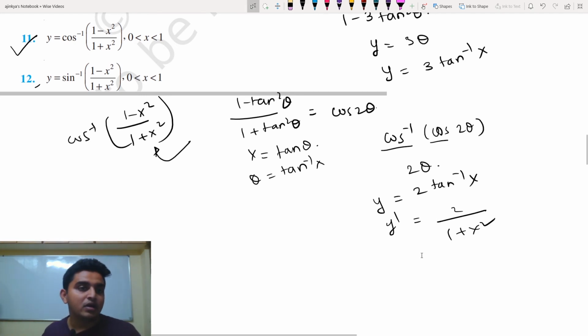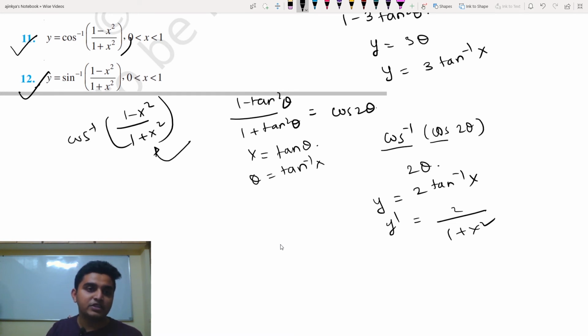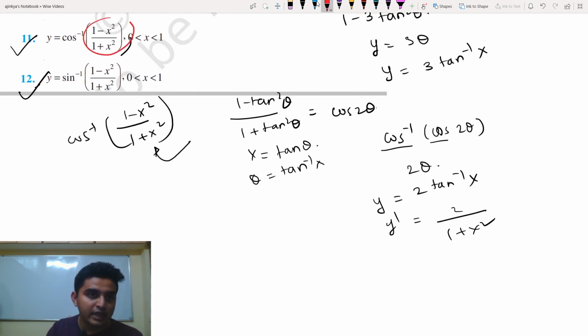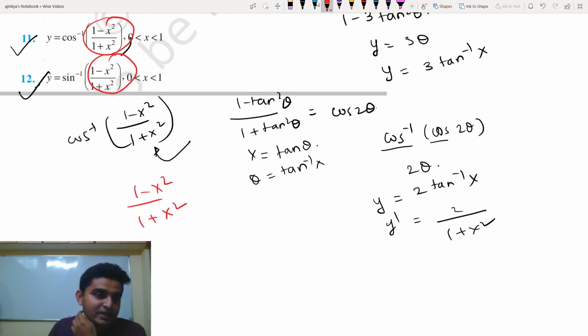So in the similar case, for questions 11 and 12, if you look over here, watch carefully. The inside function, 1 minus x square upon 1 plus x square, is the same for the 11th and 12th questions, but the outside functions, sine inverse and cos inverse, are different.